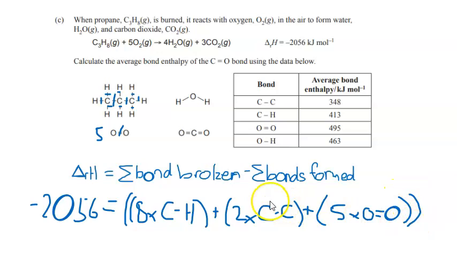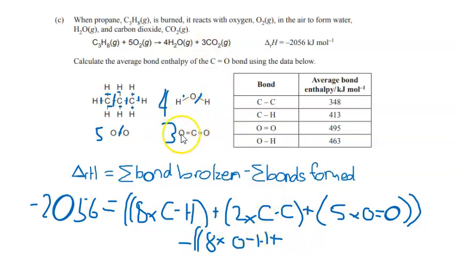And all of these are the bonds broken. We're then going to go that minus the bonds formed. So we've got 4 water molecules, 2 bonds for each one, so 2 times 4, 8, so there's 8 oxygen to hydrogen bonds, 8 times O to H. Put this all in brackets, plus 3 carbon dioxide molecules.